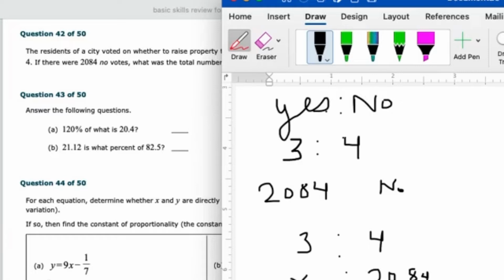We could set this up as a proportion and write 3 over 4 equals x over 2,084. Or we could realize that 4 goes evenly into 2,084 521 times. So 4 times 521 is 2,084, and then we multiply the 3 also by 521. So the answer is going to be 3 times 521.